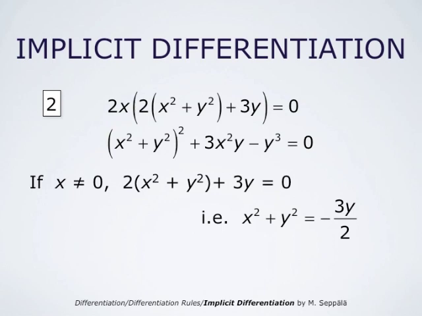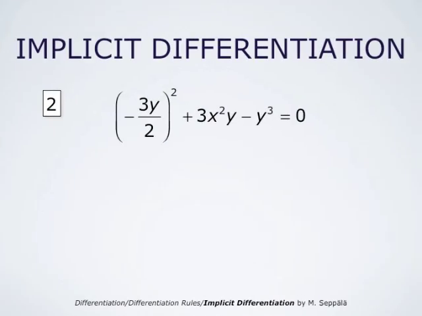We get that if x is not 0, then x squared plus y squared must be negative 3y divided by 2. We may substitute that in place of x squared plus y squared in the second equation, and we get (negative 3 times y divided by 2) squared, plus 3 times x squared y minus y cubed equals 0.